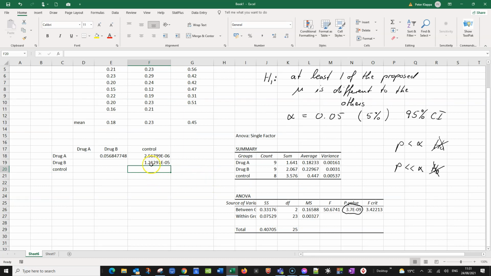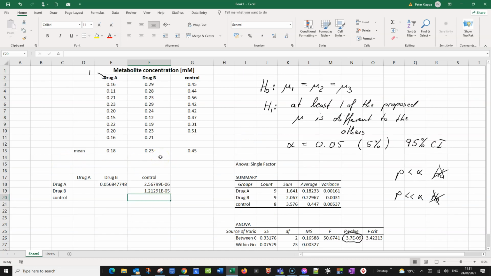Now, we have done all possible combinations, and the number of combinations that we have to do actually plays a role. The number of combinations of t-tests is given by a simple equation.